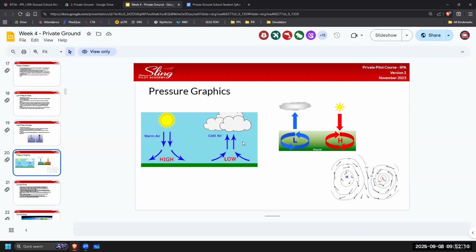And then standard is going to be 1013.2 millibars, and all isobars are read in millibar units. So we'll talk about that. If I want to get into it now, 1013 is the standard, right?